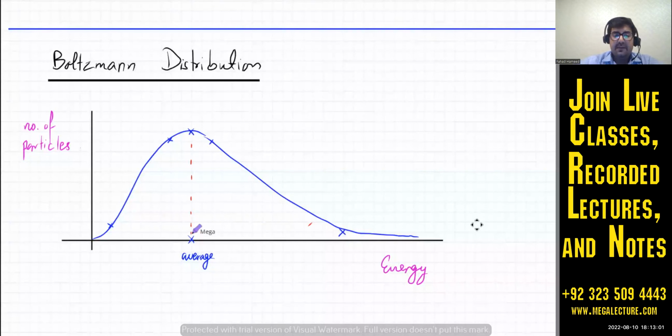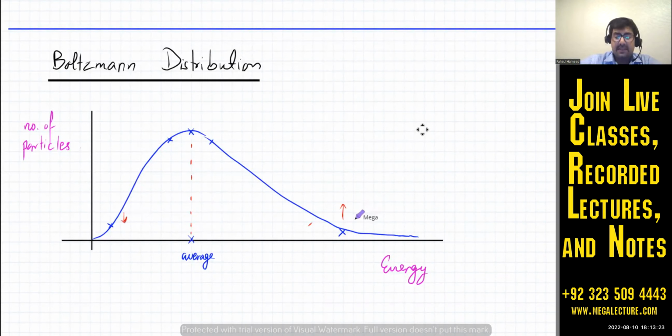So what will happen if you increase the temperature of the container or the room? If you increase temperature, the number of particles having higher energy is going to increase, because now at higher temperature, at higher energies, you have more particles. And at lower temperature, you'll have fewer particles.